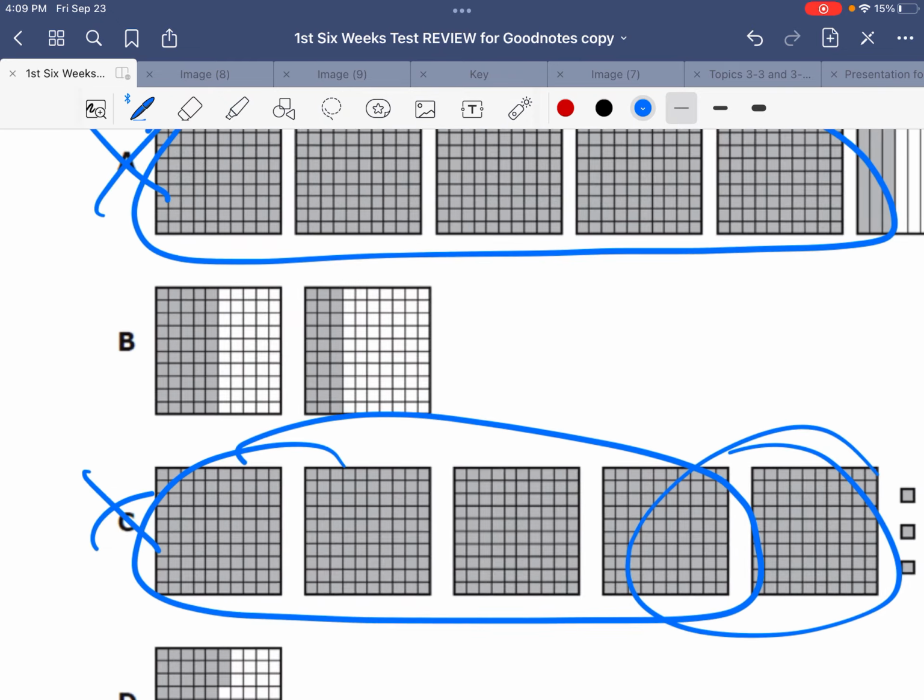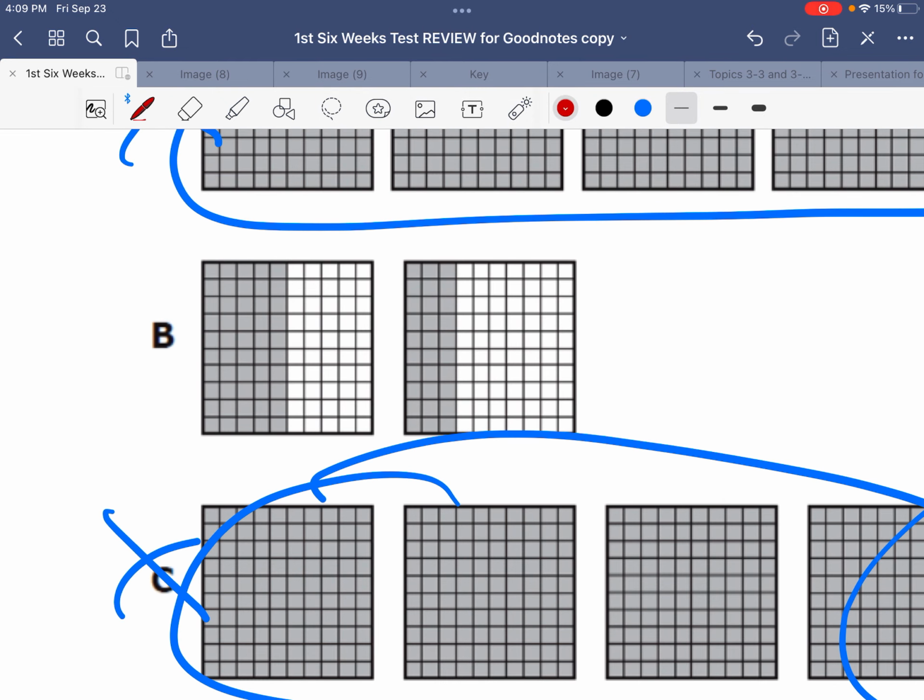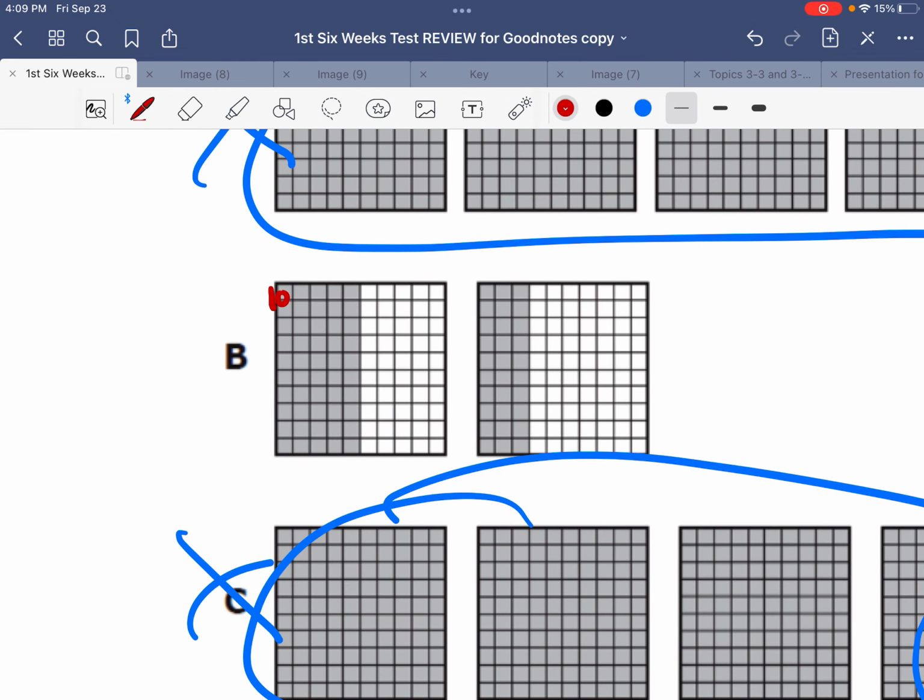So now let me go to B. When I count these, I count by tens. So 10, 20, 30, 40, 50, 60, 70, 80. So I can say this is 0.80. Or you can say 0.8.